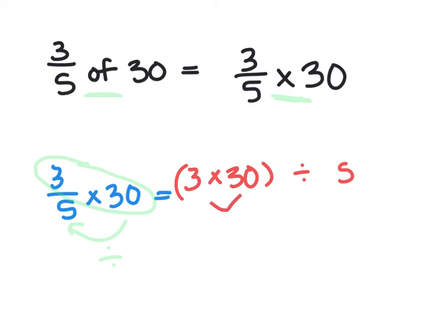So 3 times 30, I can use my zeros trick. 3 times 3 is 9, plus the 0 is 90, divided by 5. 90 divided by 5, that's tricky. I need to think for a second. How many 5s fit into 90? It's actually 18, which is what we got before. So that's another shortcut strategy, and it's actually using algebra to solve.